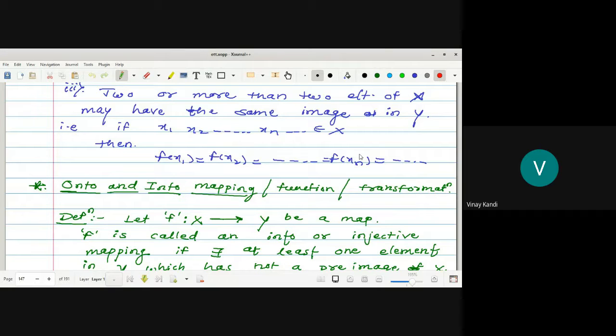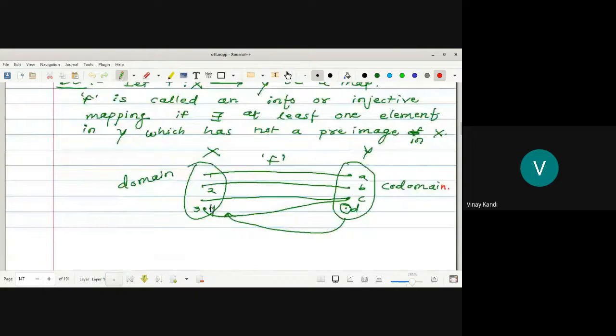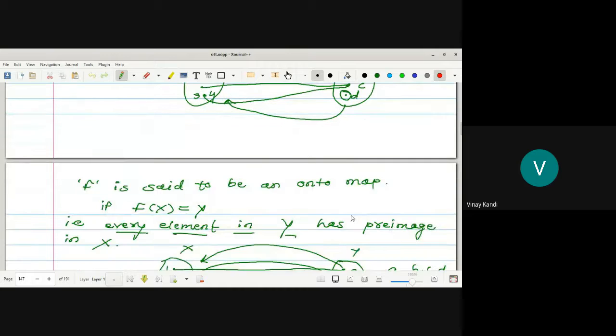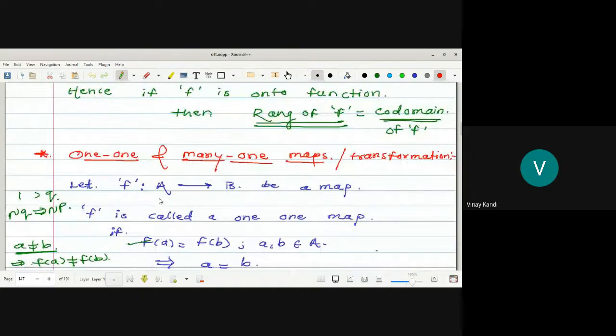The range set is a proper subset of the codomain. What is one-one? Each and every element of the domain A corresponds to only one element in B. One-to-one correspondence. And many-one correspondence means one or more than one element in A corresponds to an element in B.